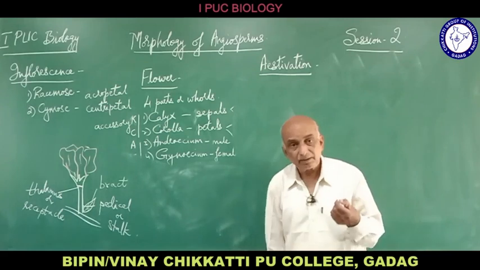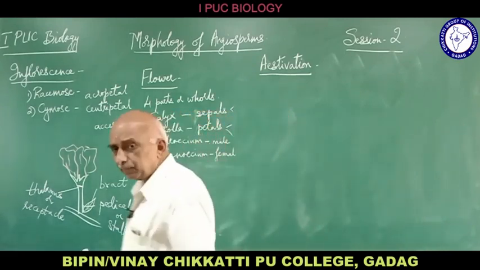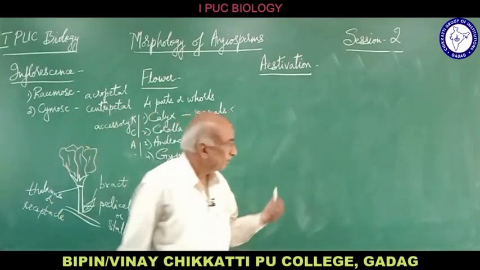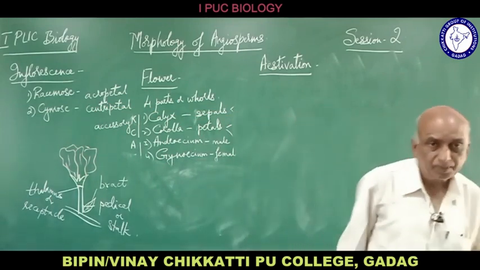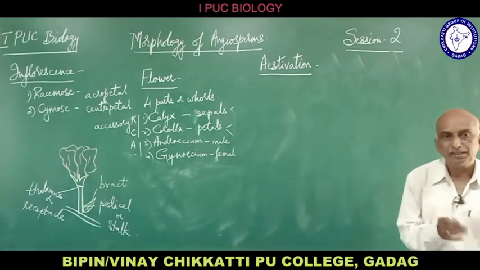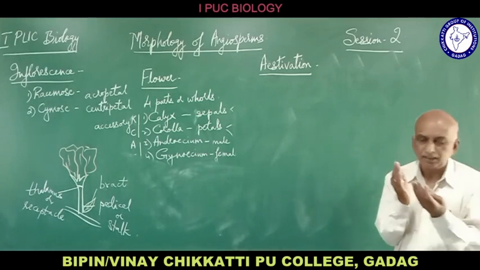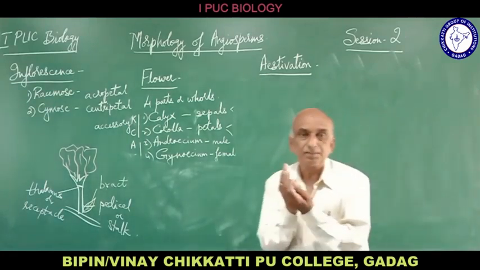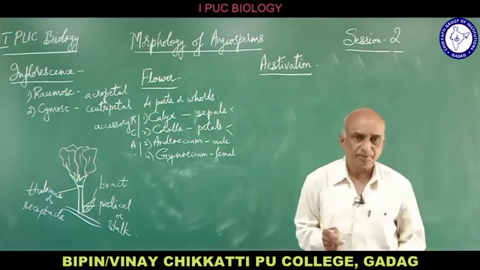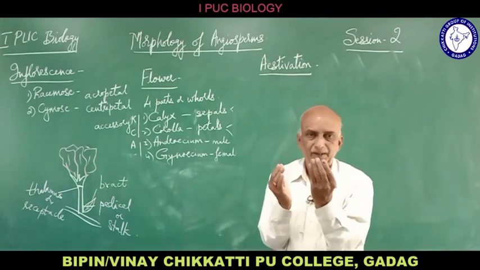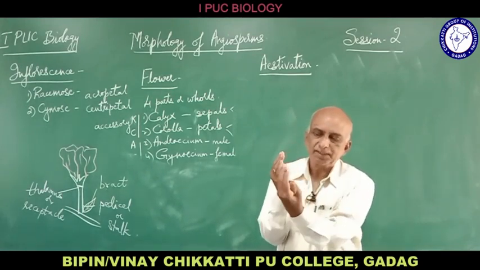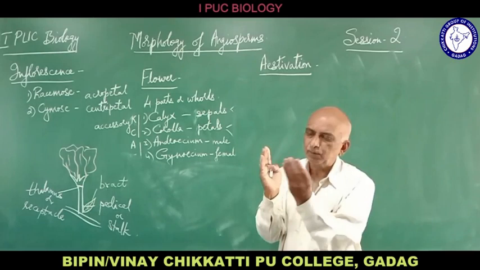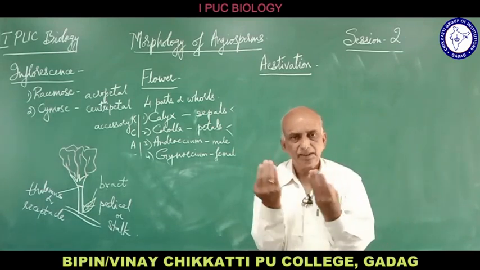Now the sepals, how they are arranged. These sepals are either just in contact with each other, or sometimes they are overlapping on each other. So this is one sepal and this is another sepal. Like that the sepals are arranged in the flower.